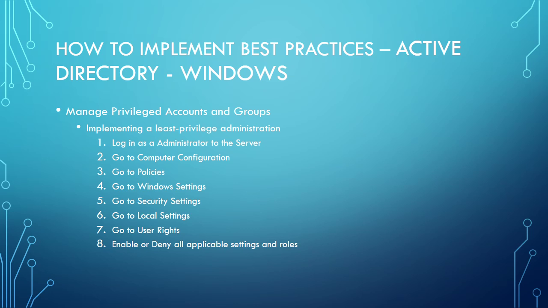To implement a least privilege administration, log in as administrator to the server, go to computer configuration, go to policies, go to Windows settings, go to security settings, go to local settings, go to user rights, and then enable or deny whatever applications that you want to for that group of users, and then save them.